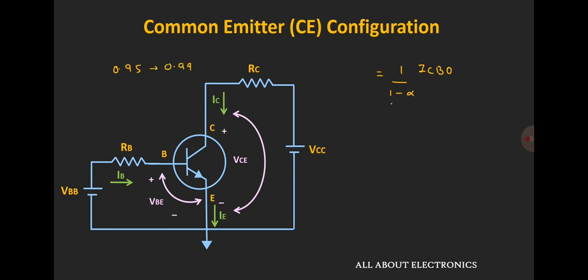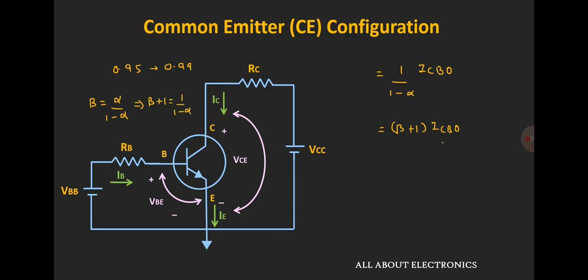That means the value of 1 minus alpha will be very small, or in other words the value of 1 over 1 minus alpha will be very large, and to be precise it will be equal to beta plus 1 times ICBO, because beta can be given as alpha divided by 1 minus alpha. So beta plus 1 can be given as 1 divided by 1 minus alpha.